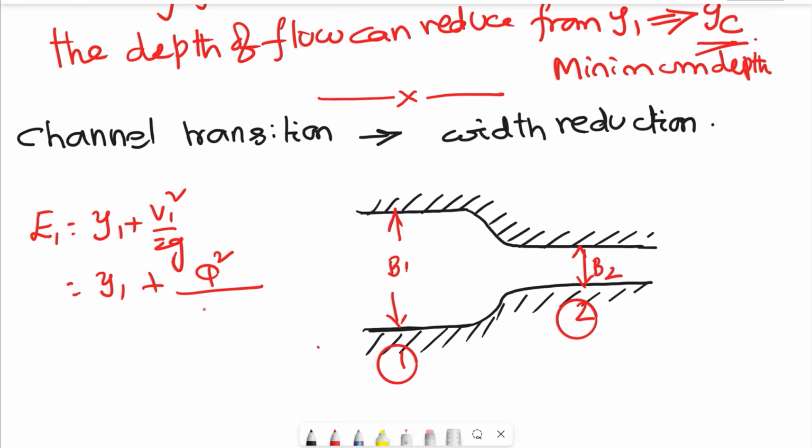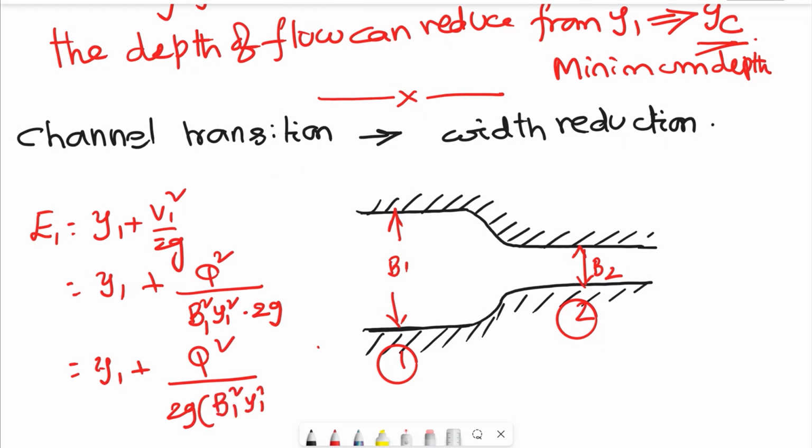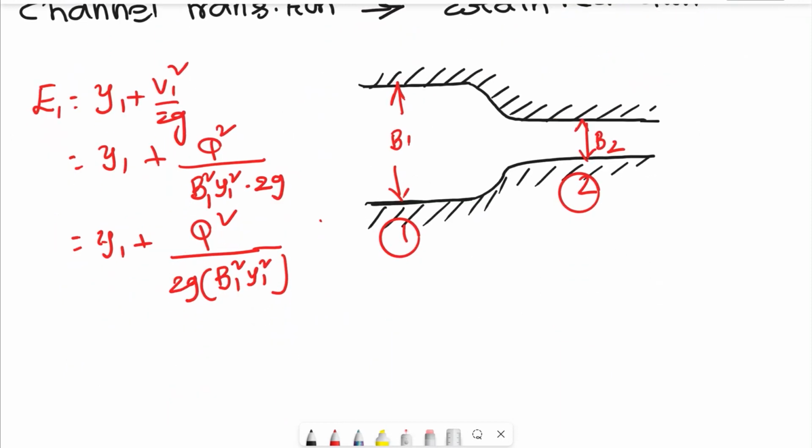For a rectangular section, because this is a rectangular section, it is Y1 plus Q squared by 2g into B1 squared Y1 squared. Again, remember that channel transition we are doing only for rectangular sections, not trapezoidal sections. Only in rectangular sections we use the hump or the width reduction. So this is the first equation, right?